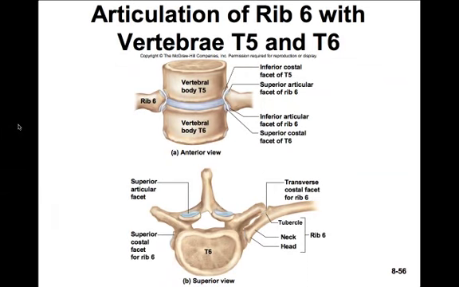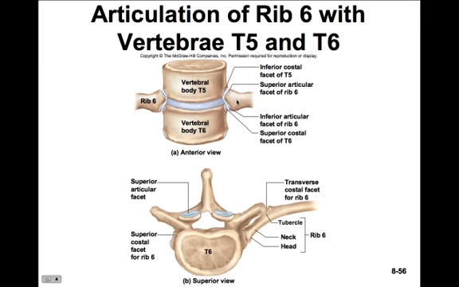So let's take a closer look at the articulations of the ribs with the vertebrae. Here you can see two vertebral bodies. The ribs will sit right in between, articulating with the inferior costal facet of T5 and the superior costal facet of T6.